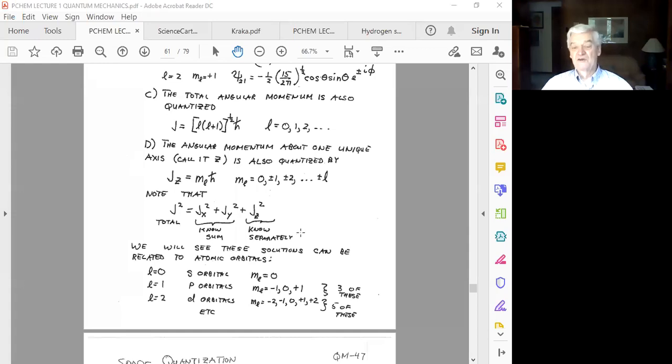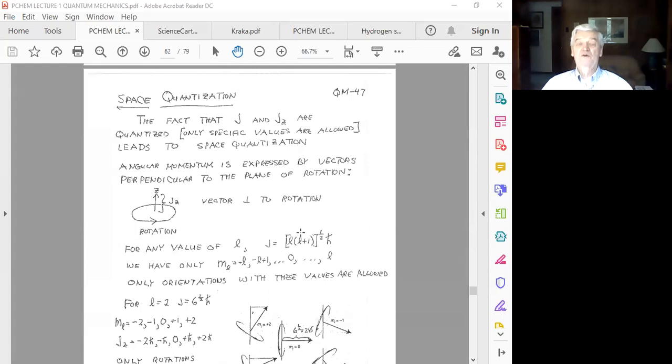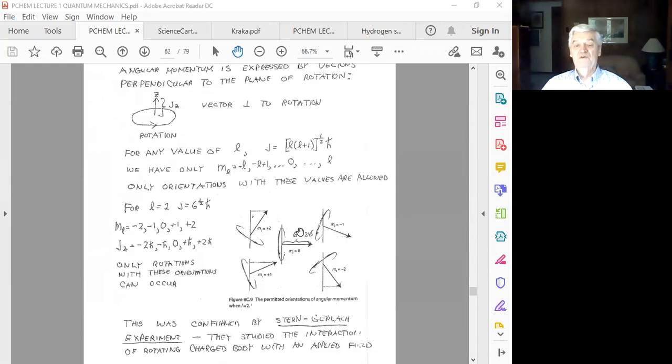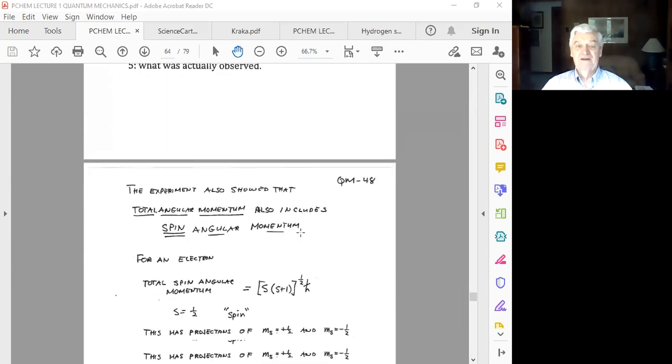And each set of those orbitals has different M sub L values. We also talked about the weirdness of space quantization. When you have electrons circling around nuclei, they can only do that in certain orientations. And that was proven by the Stern-Gerlach experiment.